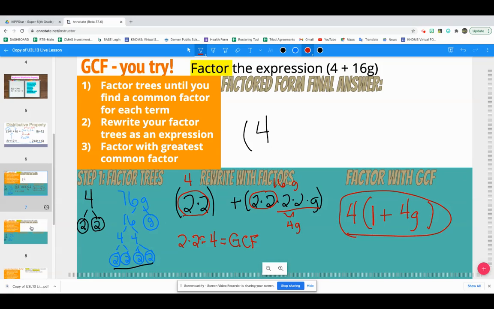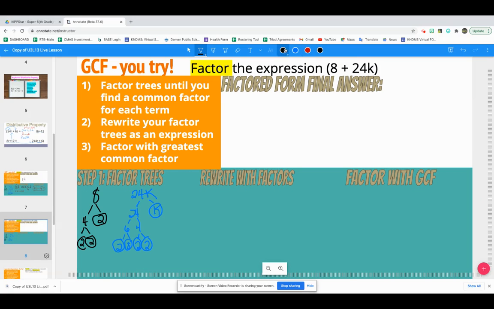Let's look at another one. Once again, I have my factors already done. 8 breaks down to 4 times 2. 2 stays as it is. 4 breaks down to 2 times 2. So my factors for 8 are 2 times 2 times 2, plus, let me look at 24k.